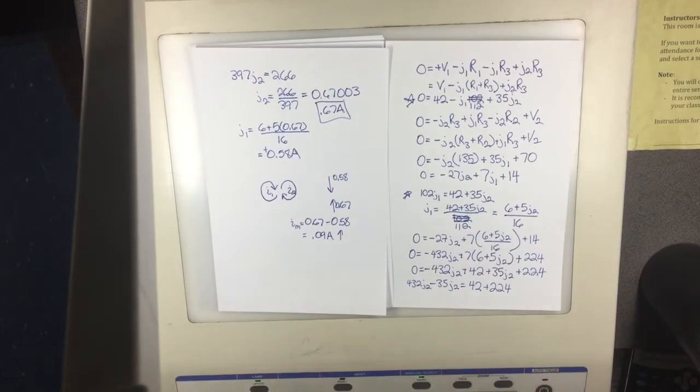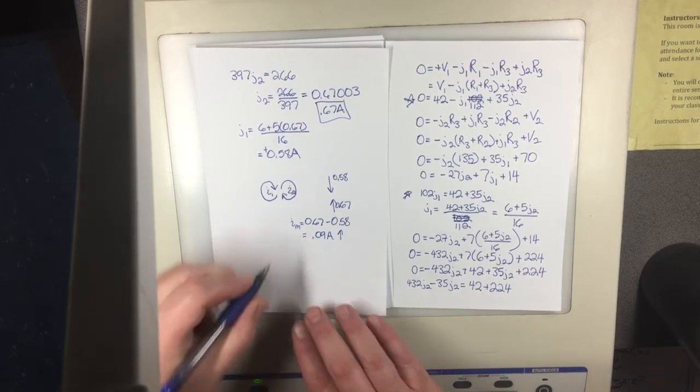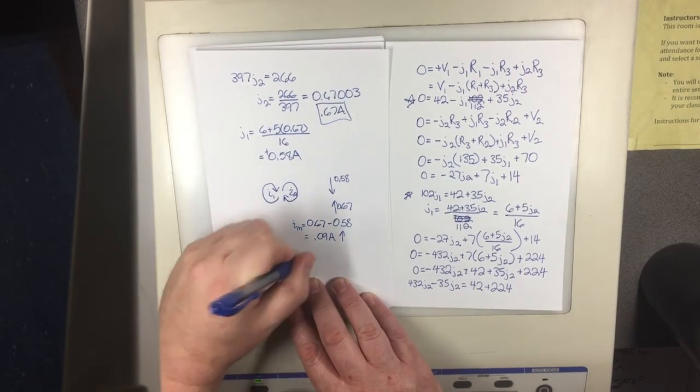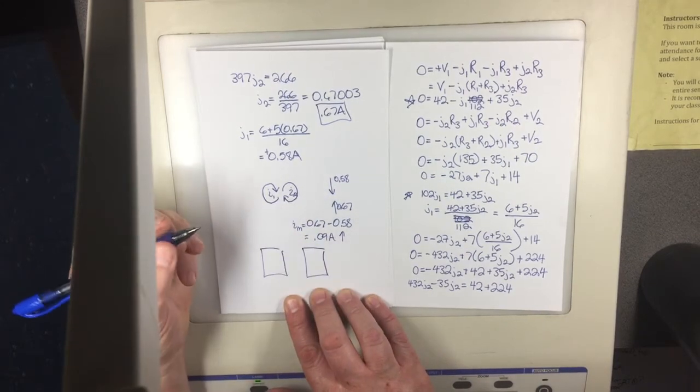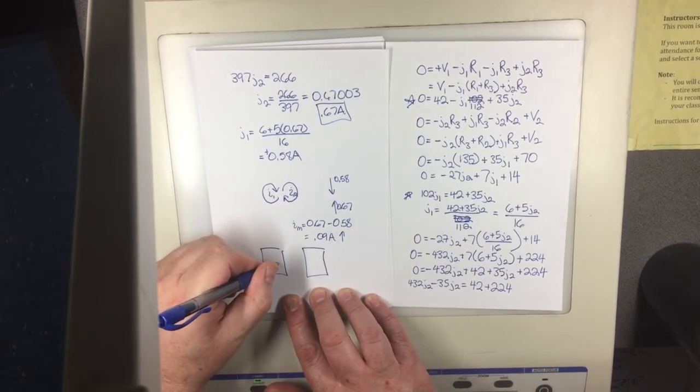And so that's Kirchhoff's law. Any questions on this? Yes? How do you know if they're both going clockwise? How do you know that I1 was going down and I2 is going up? Well, let's say we just had two loops side by side. Both have a clockwise current.